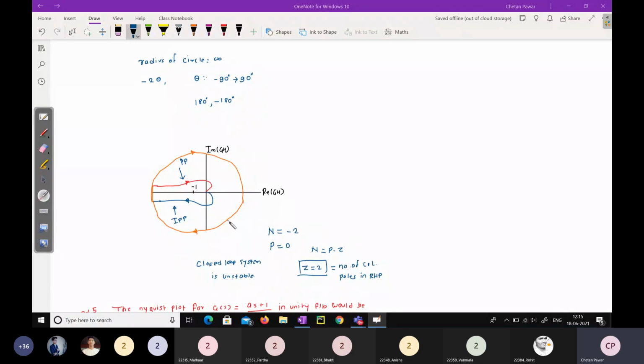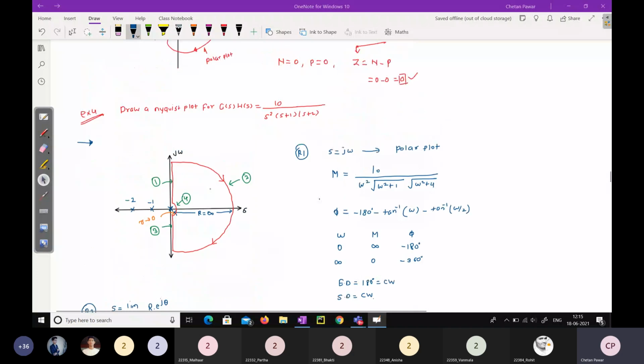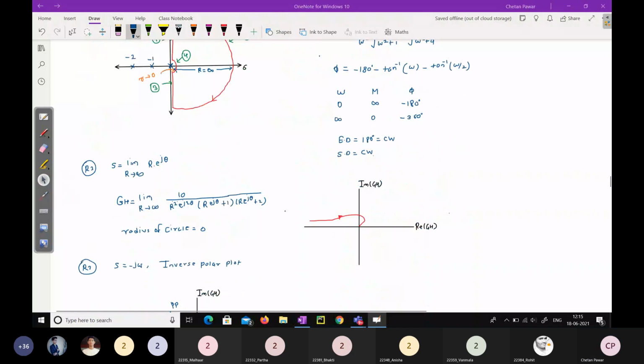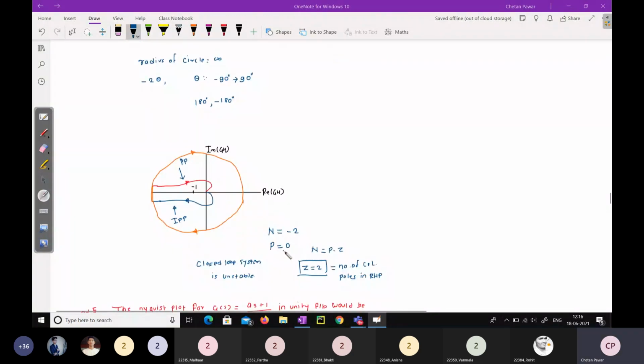And what about P? P is the number of open loop poles inside the contour. There are no poles inside the contour, so P will be 0. So N is minus 2, P is 0.